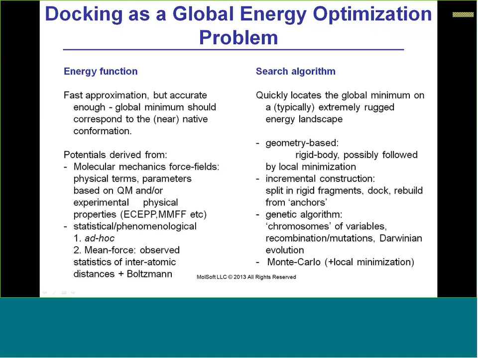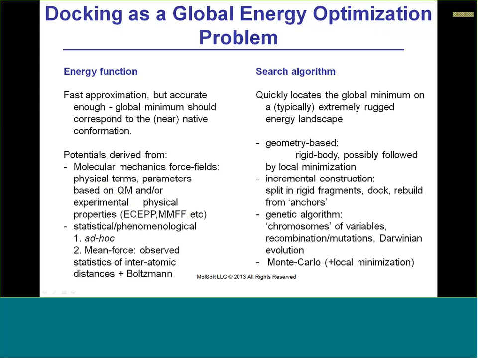Or you have ways of developing the energy function using statistical methods, such as the potential of mean force method, which uses the statistics of interatomic distances that are observed in protein-ligand complexes.